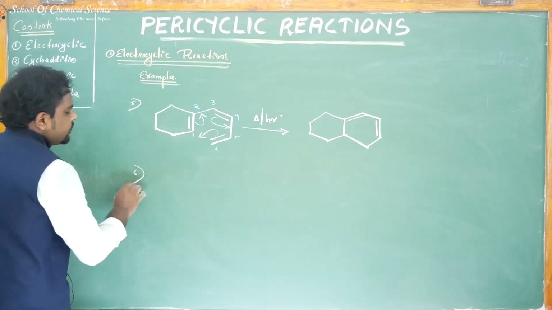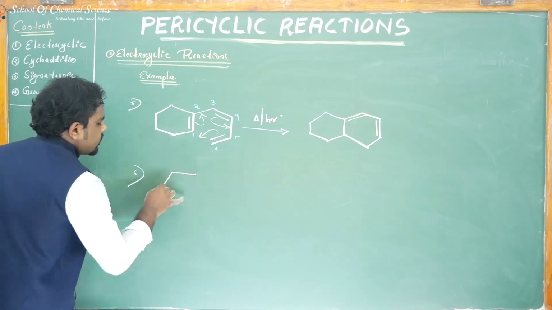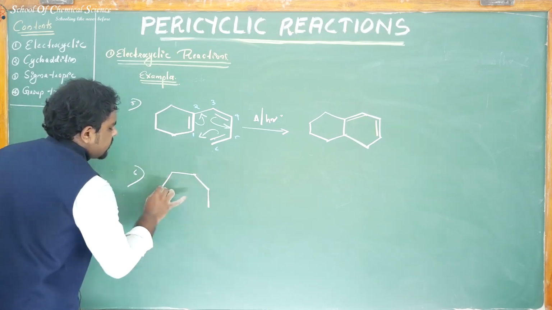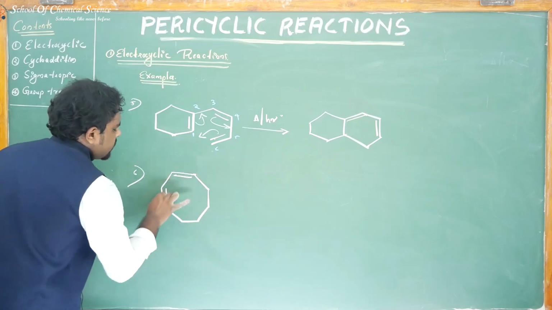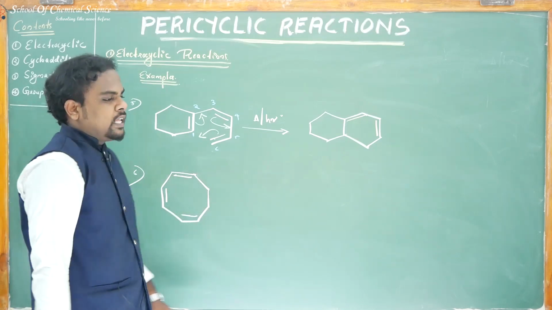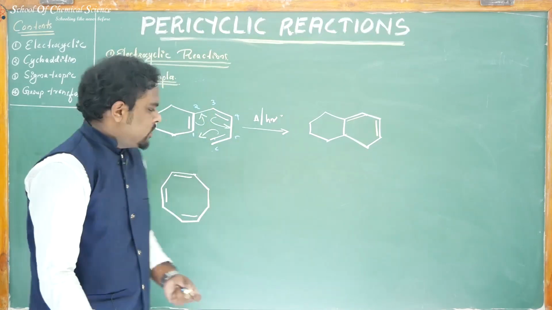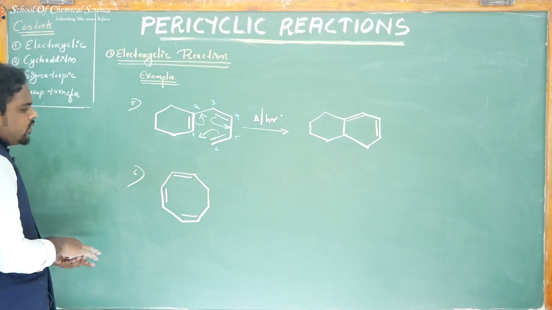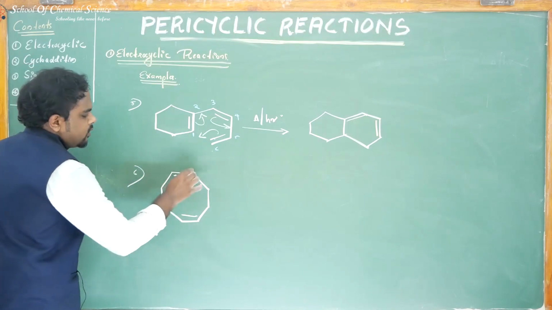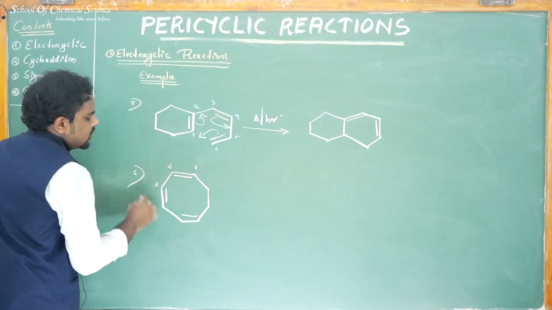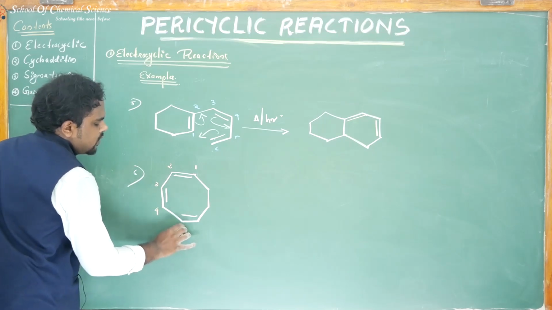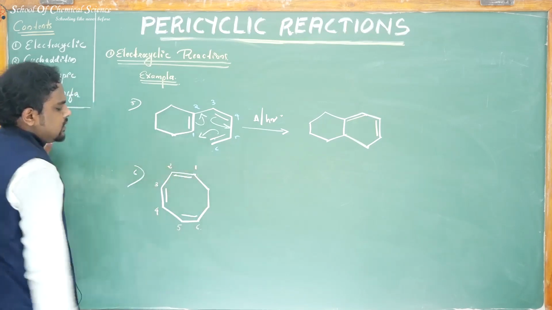Then sixth one. What about the electrocyclization in this molecule? You can number the pi electrons. First pi bond is here, 1, 2, 3, 4, 5, 6.